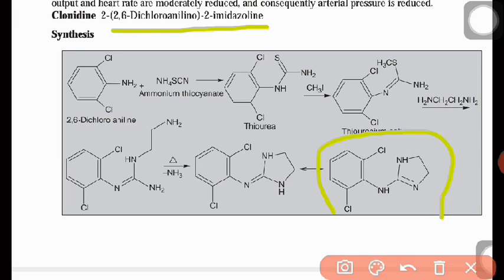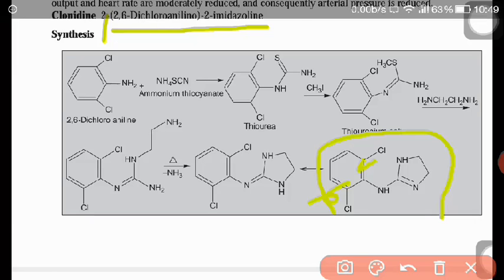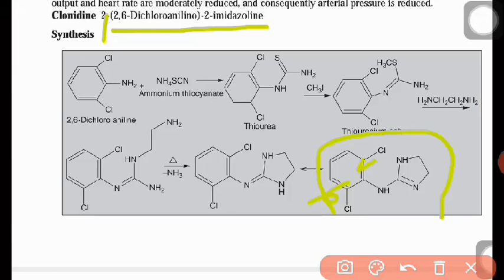Now dichloroaniline. This is the second position and this is the sixth position. So it is 2,6-dichloroaniline. At what position of the imidazoline? Second position. So the second position of imidazoline is having one substitution called 2,6-dichloroaniline, then 2-imidazoline.